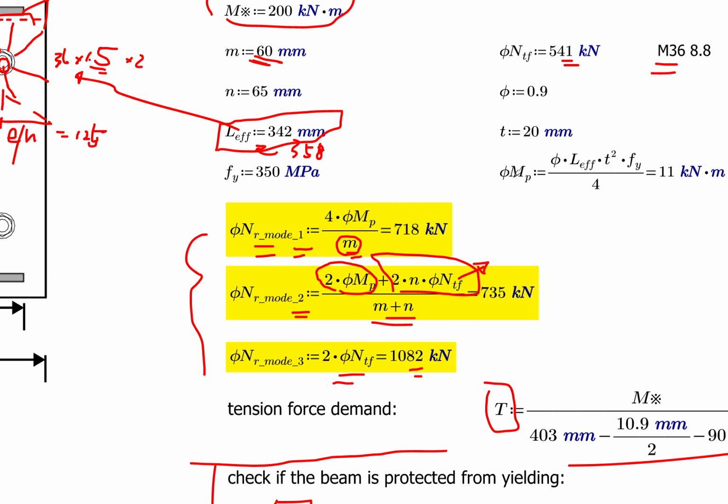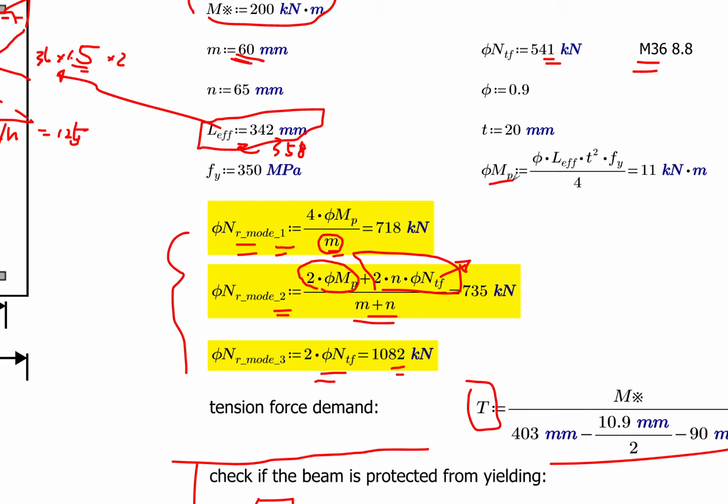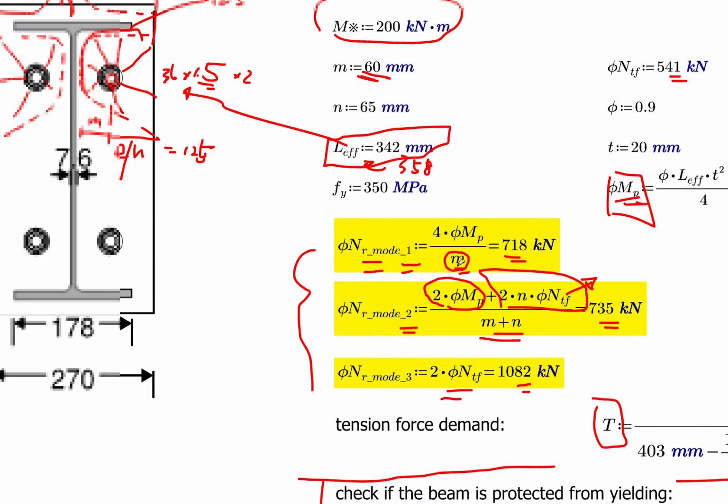I'm overestimating my plastic moment, so that will increase a little bit, and then the resistances for mode 1 and mode 2 will also increase.